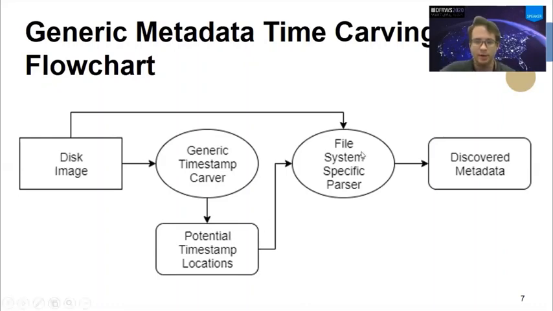So we have a follow-up program, a file system specific parser, whose intention is to filter out all of the false positive metadata entries from this list. The output is a text or Excel file of the discovered metadata for that particular file system.